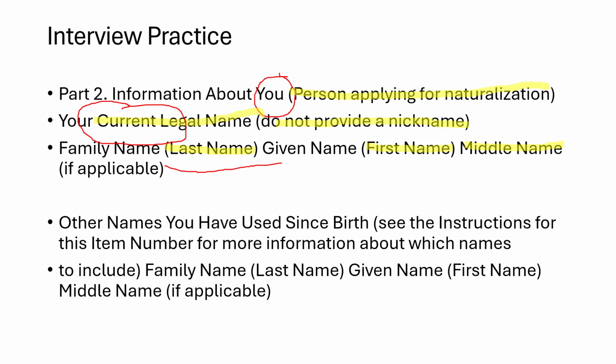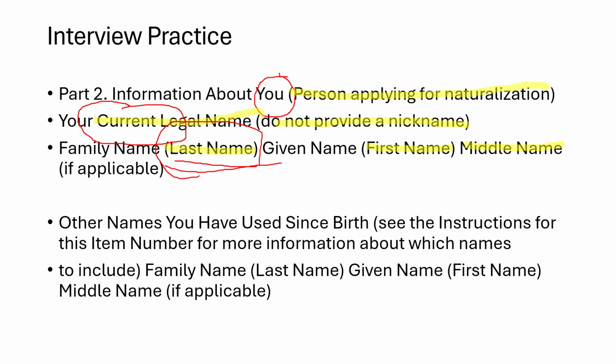If the judge said, Sally Smith, at your request, I'm now changing your last name back to Jones, like it was before you were married, then that's what you put. That is your current legal name. Current means right now.